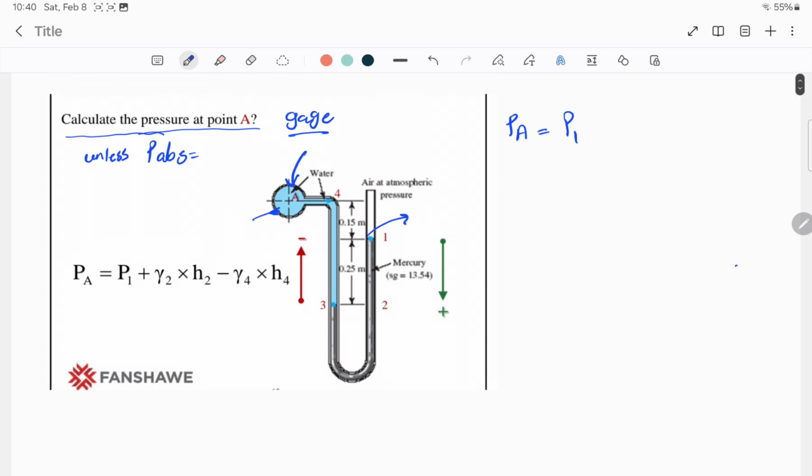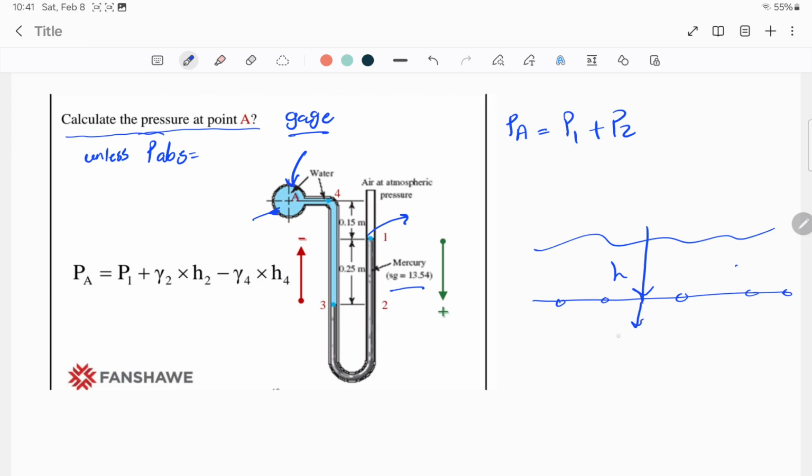So in the case of this mercury right here, you're going down, so it's plus P2. In terms of the height, you're only going down to this area. Why? Because the pressure here and the pressure here is the same, because it's at the same level and it's the same fluid. Just like in a swimming pool, if you go down H, the same level, the pressure is the same anywhere in that level.